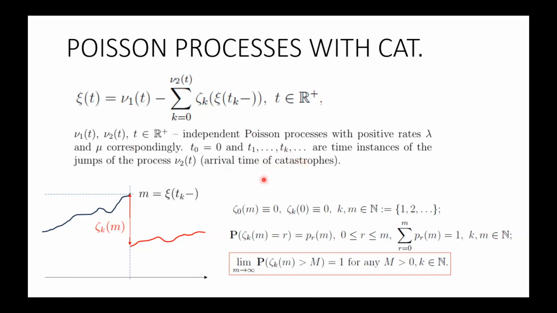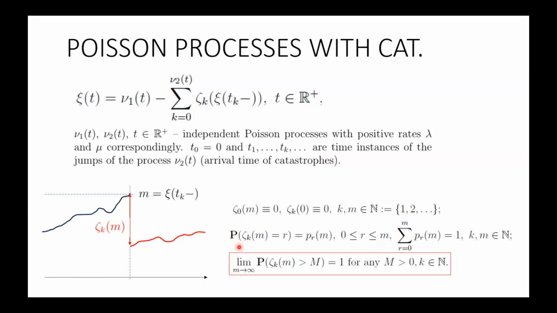And what about the size of catastrophes? The sizes of catastrophes are defined by these three conditions. The first two conditions are simple conditions for the distribution of the size of a catastrophe to be a proper distribution: the sum should be one, and there is some boundary condition.